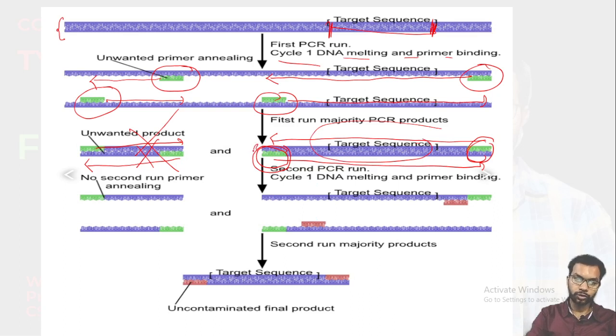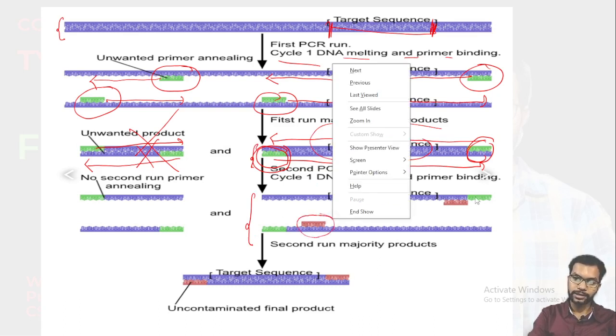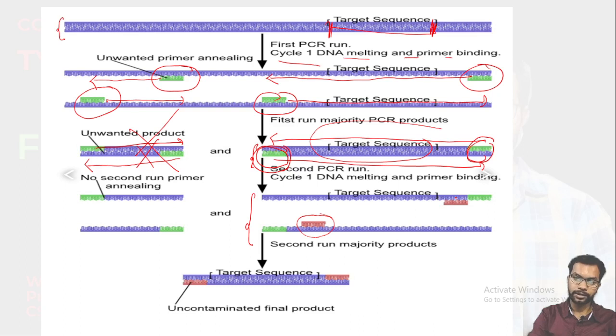Then these two strands are again separated, and we add the second set of primer within the amplified product of the first primer.